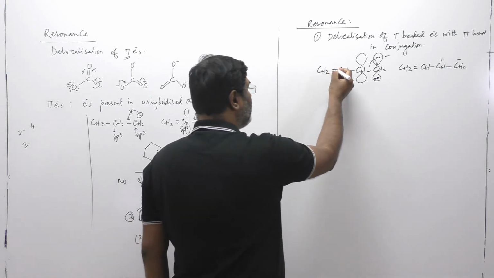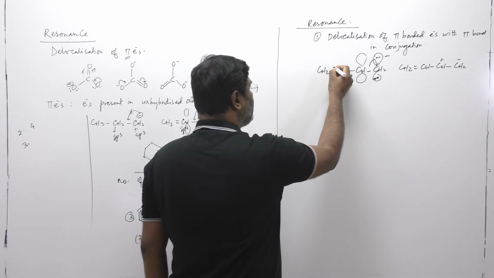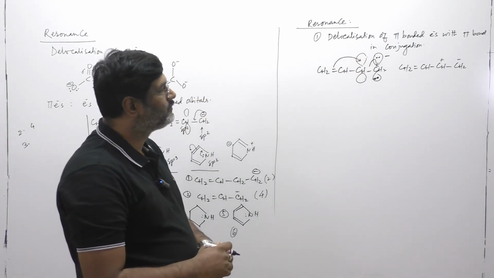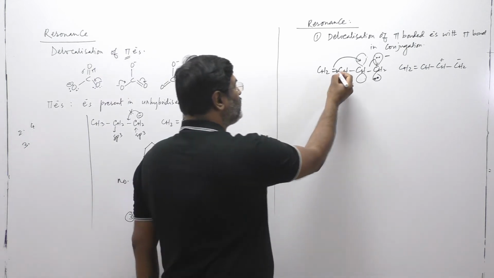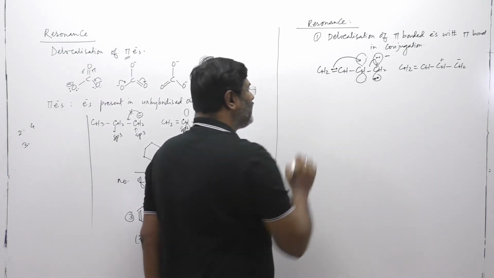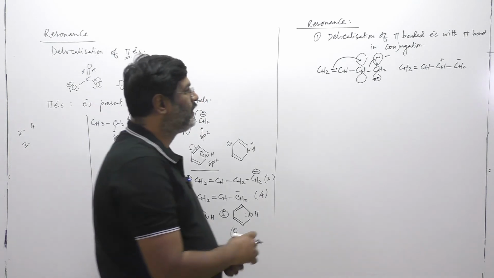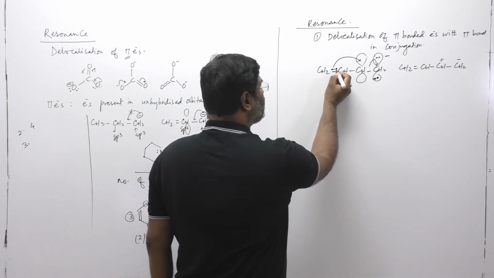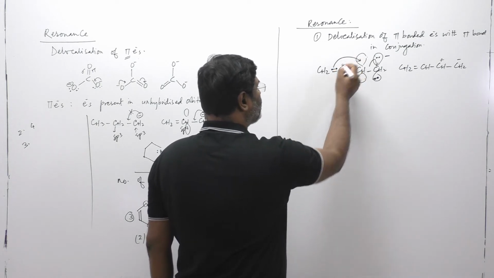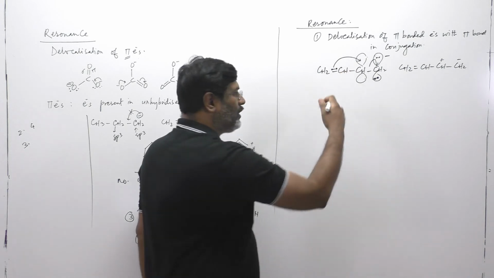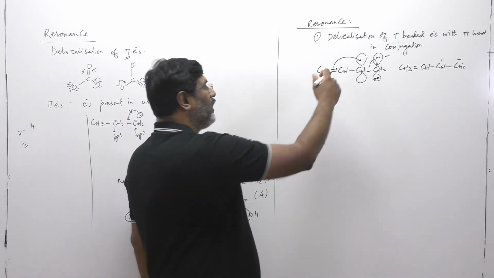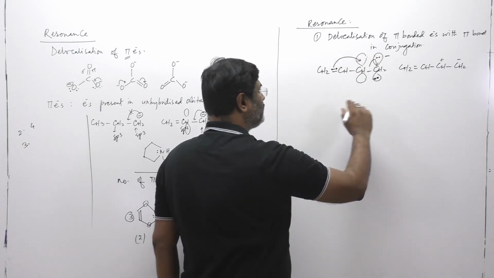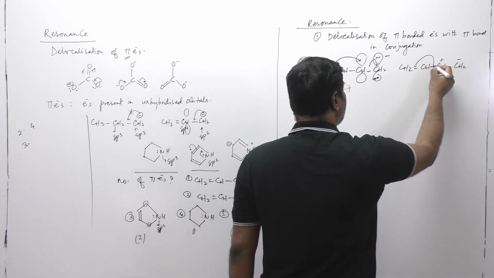So what is happening here: this carbon is taking both the electrons and giving them to this one. Again, there are two electrons in this pi bond, one electron from this carbon, one from that one. Taking both the electrons, this carbon will have two electrons, and with both electrons this orbital will be shared. We express this like this.